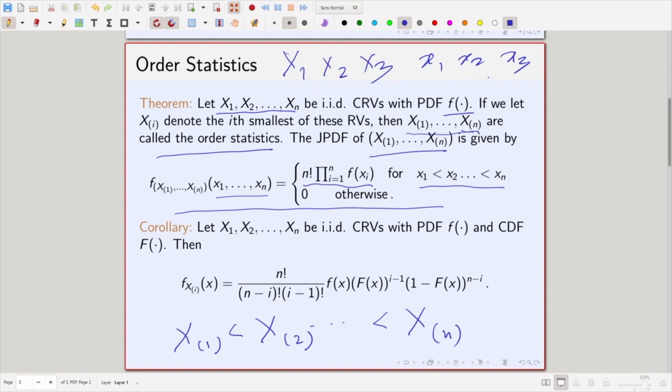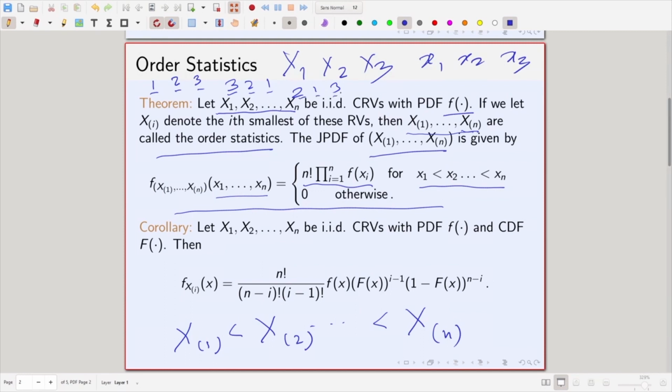For example, suppose I give you 1, 2, 3 or 3, 2, 1 or 2, 1, 3. In this case this is x1, this is x2 and this is x3. Similarly in the other cases.